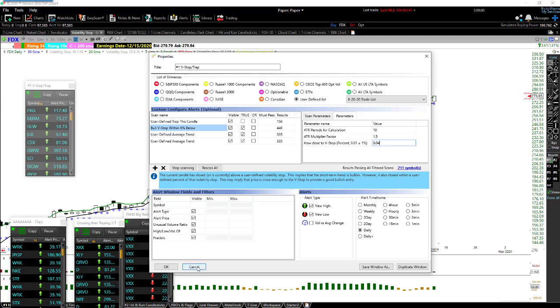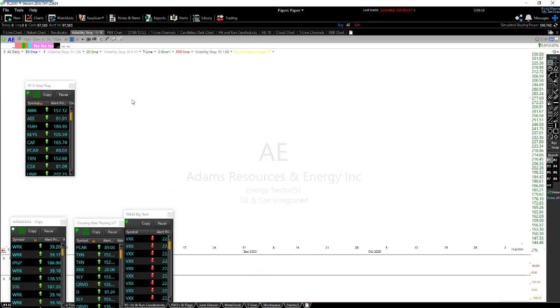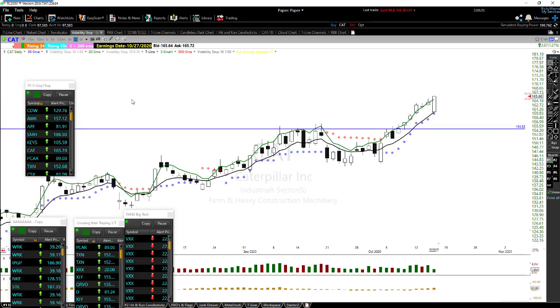So let me cancel this because I don't want to make any changes. Although I don't use the V-stop on my chart, you can see that I do use the V-stop.